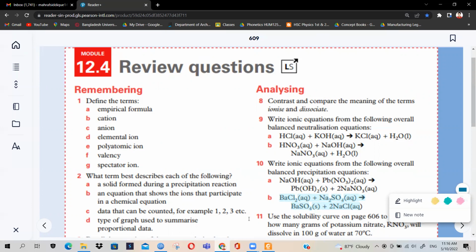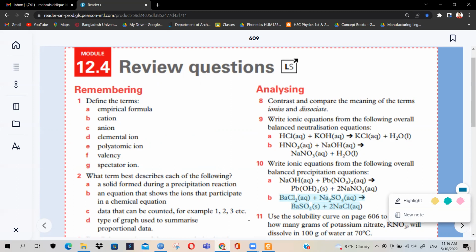You can see that they have said overall balanced precipitation reaction. So you could even write only the precipitated part. That's also okay. The precipitate, is that barium? Yes, it's barium.